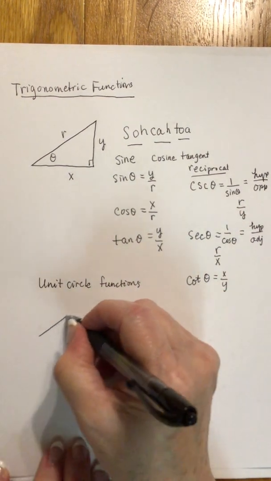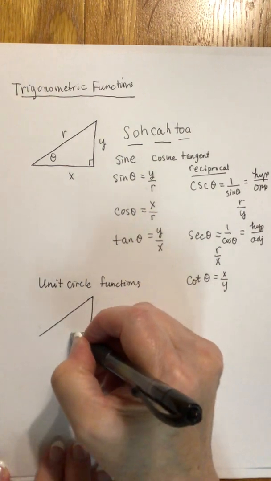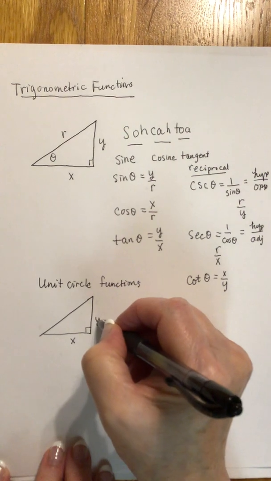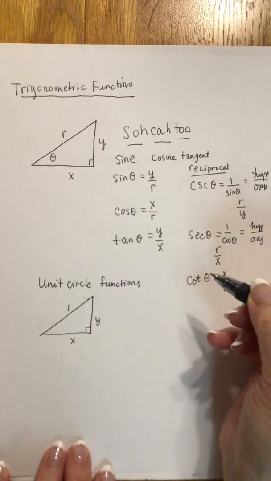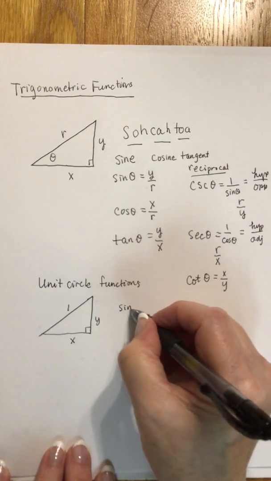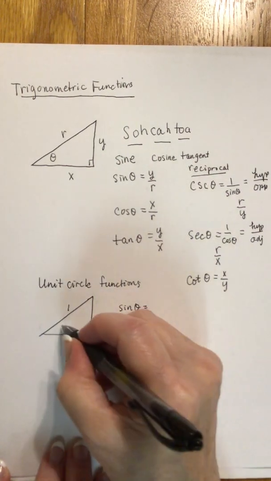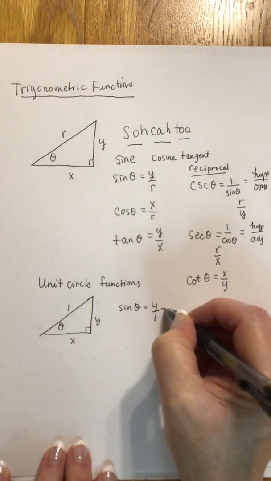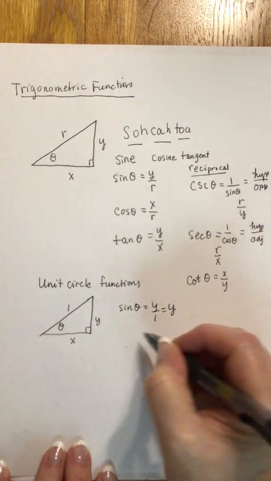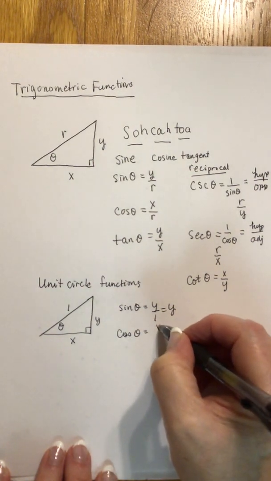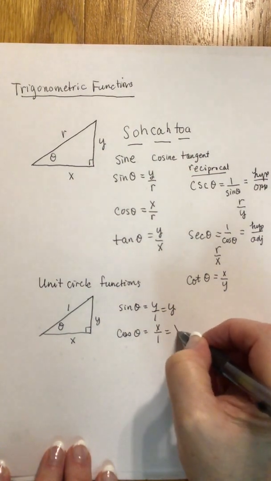So if I start out with my triangle looking like this, where this is x, this is y, and this is 1, because we're making the radius be 1, then what do we have? Sine of theta equals opposite over hypotenuse, y over 1, which is just y. Cosine theta is going to be x over 1, which is just x.